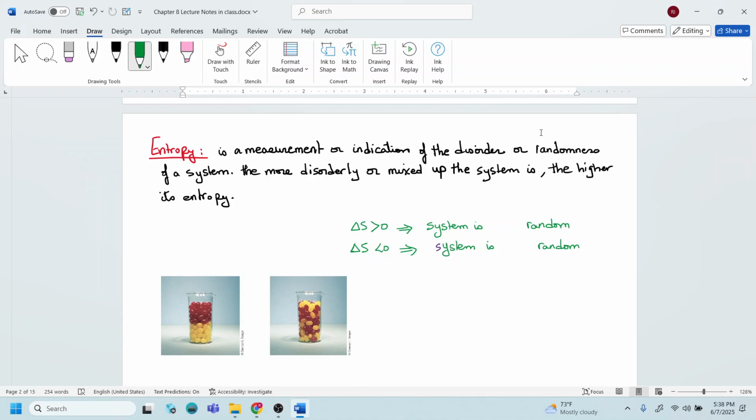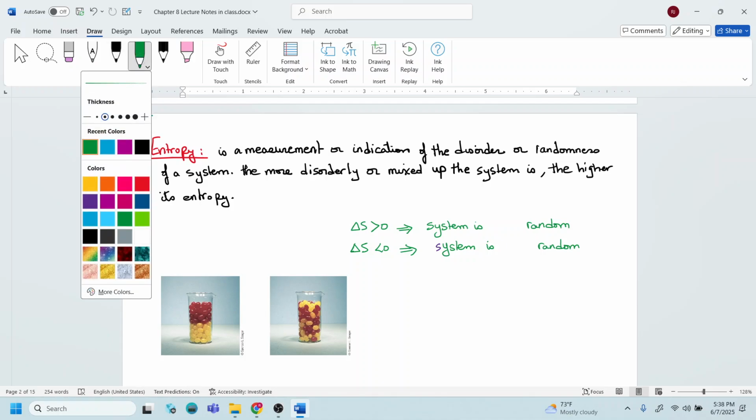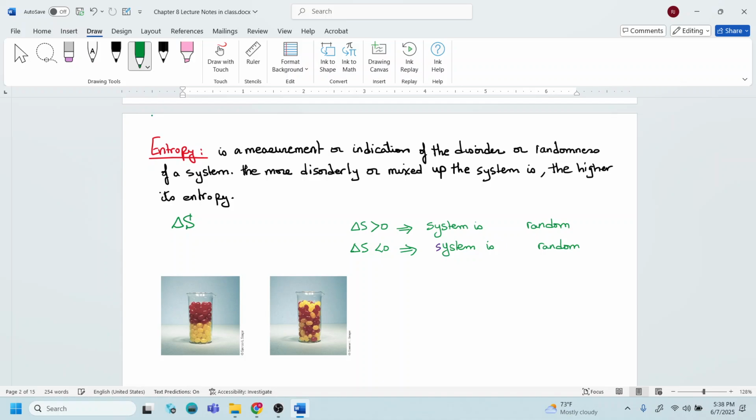Entropy is the measurement of the disorder or the randomness of the system. And the more disorder the system is, or the more mixed up the system is, the higher the entropy is. We define the entropy by delta S. So if your entropy is positive, this means that the system is more random.